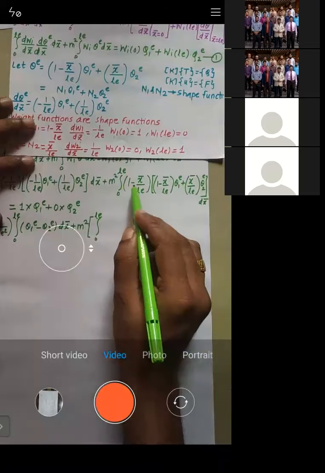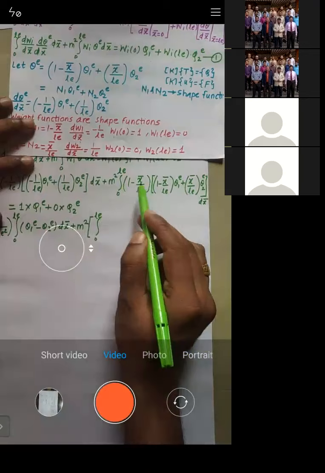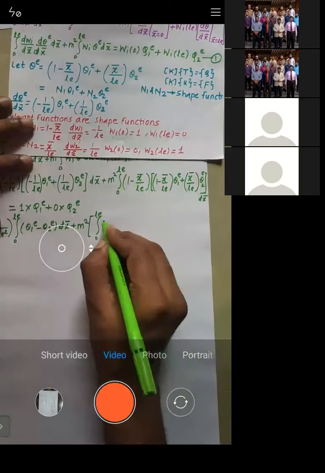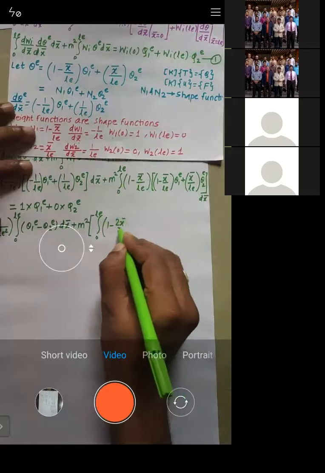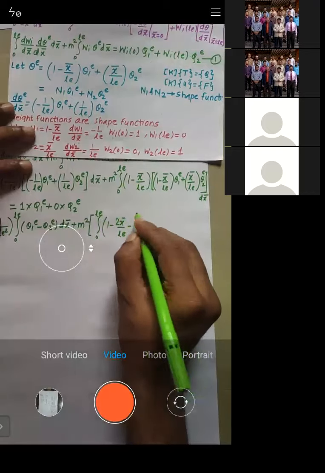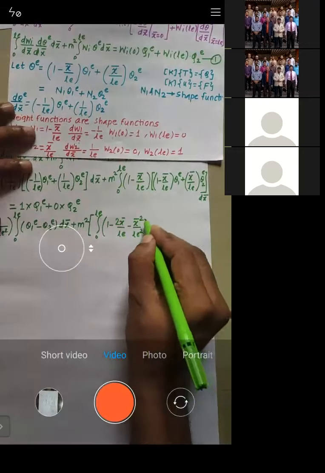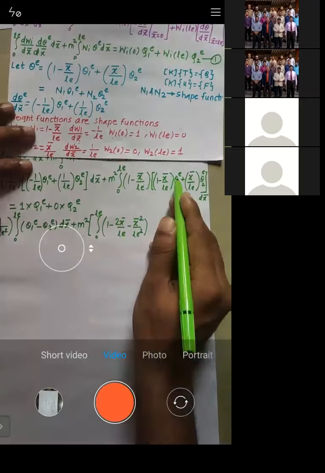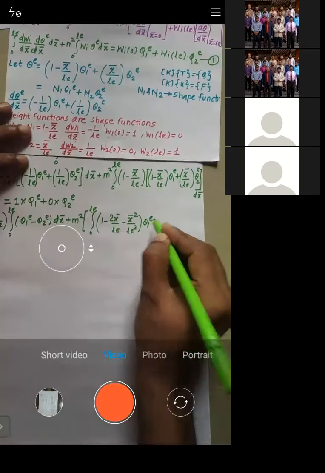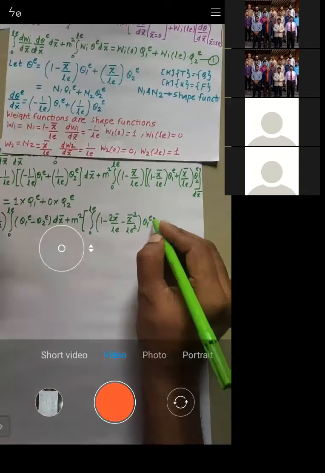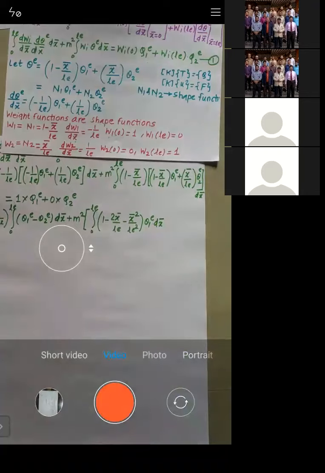See, this into this, what does it become? It's a square: 1 minus x bar by LE squared, which you write as 1 minus 2x bar by LE plus x bar square by LE square, into theta 1 e into dx bar. Try to understand.